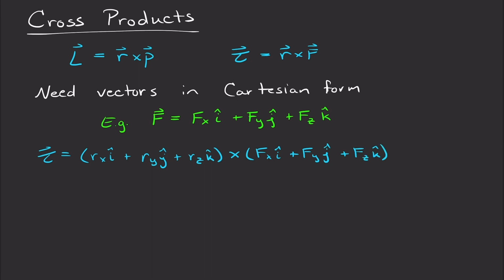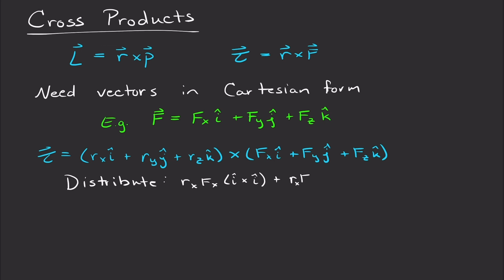And then we could evaluate this cross product to find our torque. The easiest way to do this is to distribute. So the first term, for example, we would get rx times Fx, and then our i hat would be crossed with our i hat, plus rx times Fy.